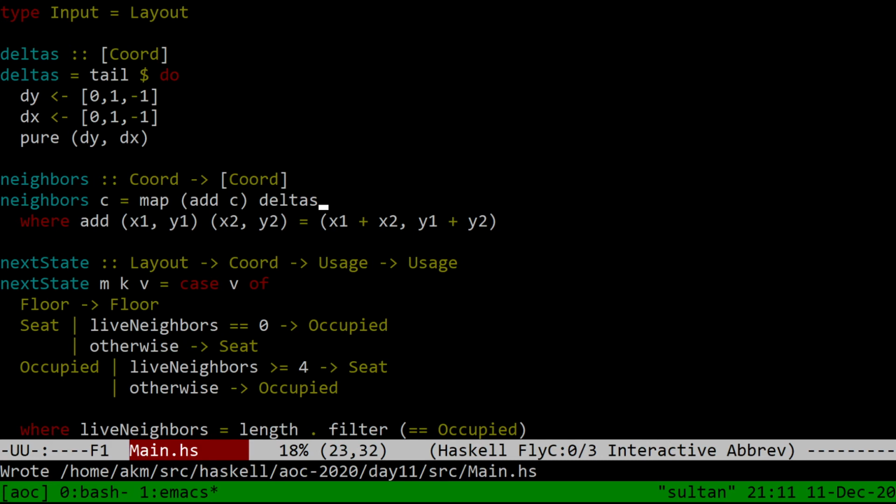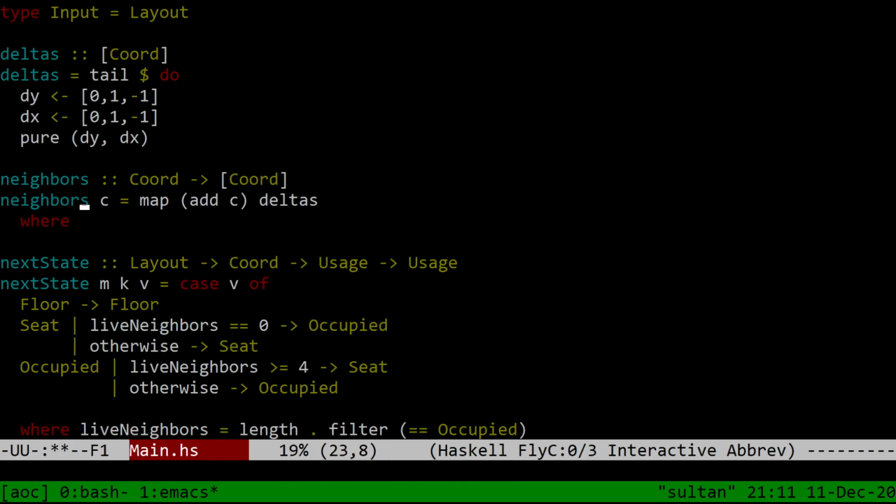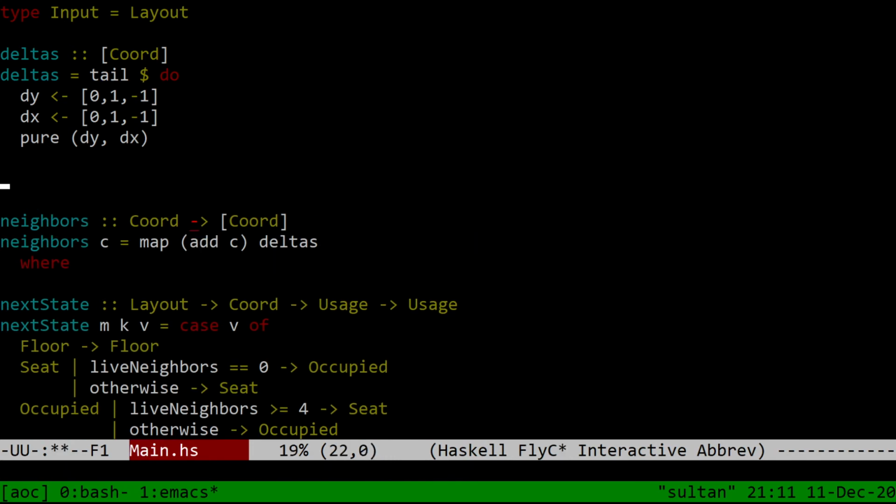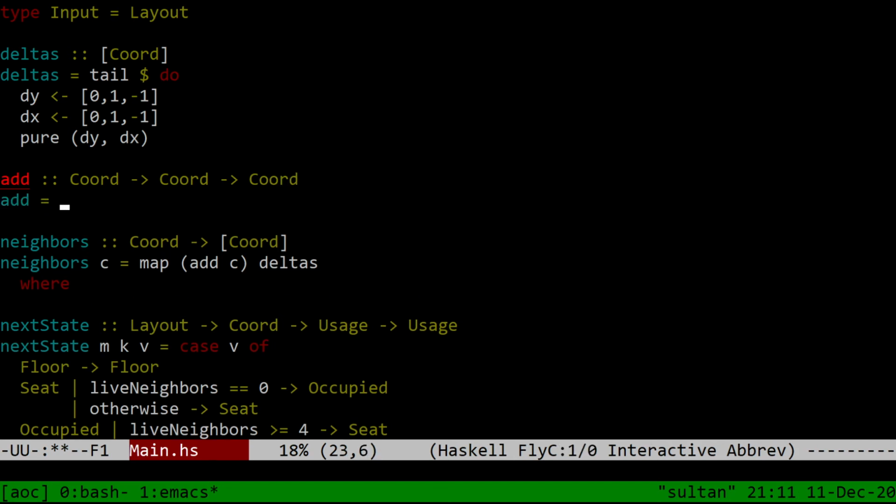Oh, and I kind of want add as well. Sure. Add is a function from coord, add equals this.